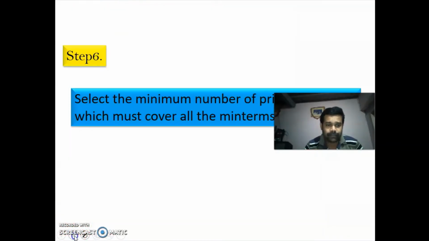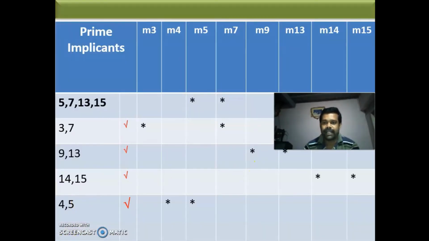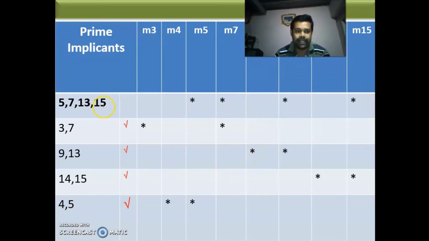Then we have to go for the selection of minimum prime implicants. For this, we have written the prime implicants and the min terms, and we have put a star in the corresponding positions. Then we check which columns have only one star, and put a tick mark in the corresponding row. Here this column has only one star, so we put a tick mark.